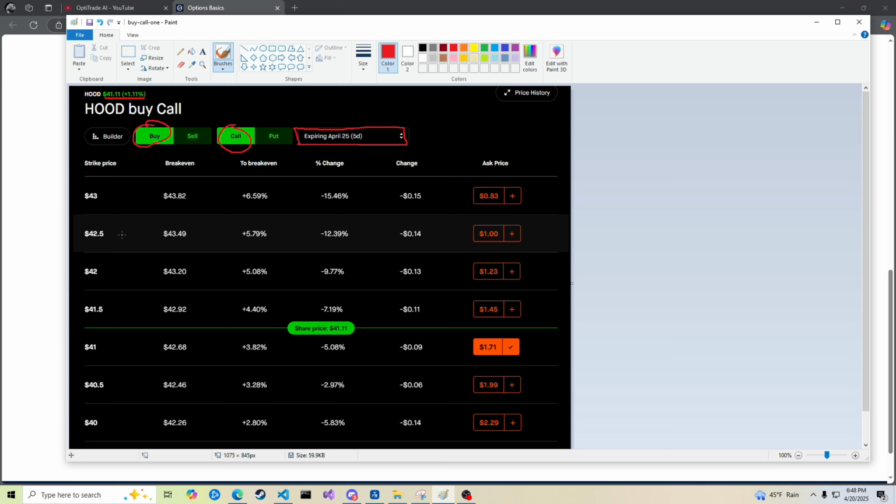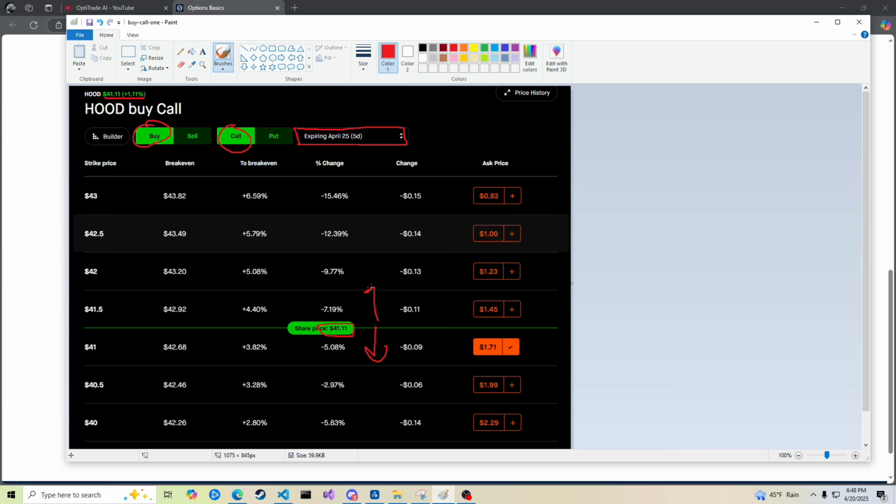And you can see here that we have a lot of different asking prices for these different contracts. We can obviously see here, just like above, that the current price of Hood is trading at $41.11. And we can either go below the current share price or above the current share price. If we are going to buy an options contract below the current trading price, this is going to be in the money, because we are buying a contract that is less than the current price.